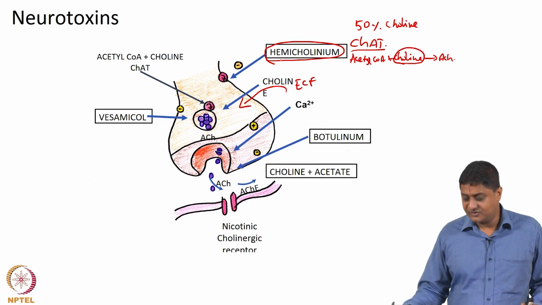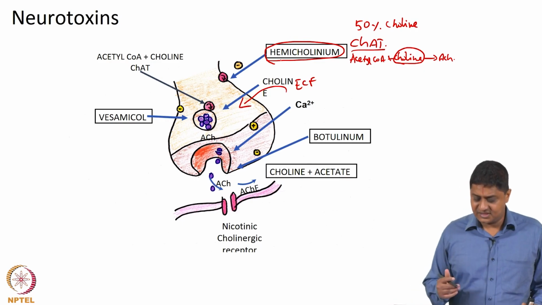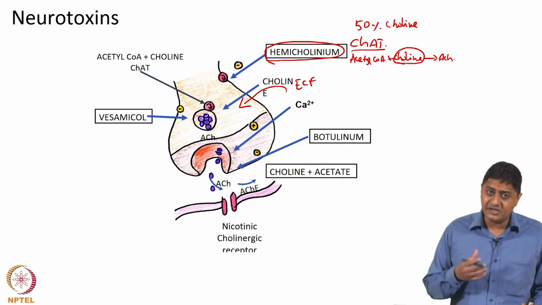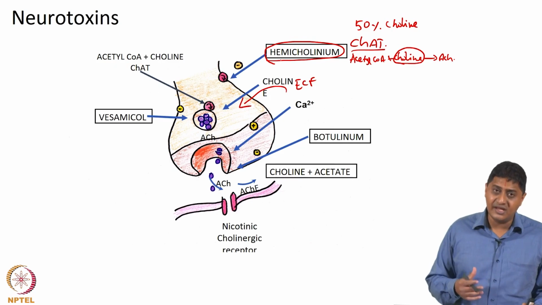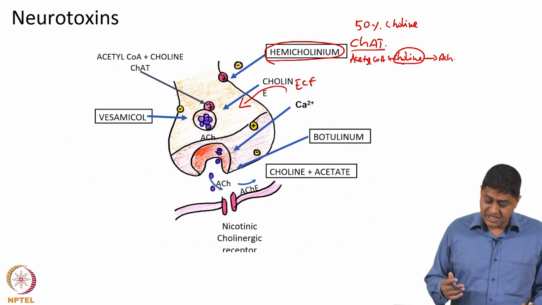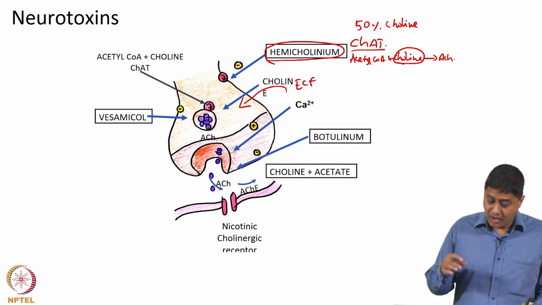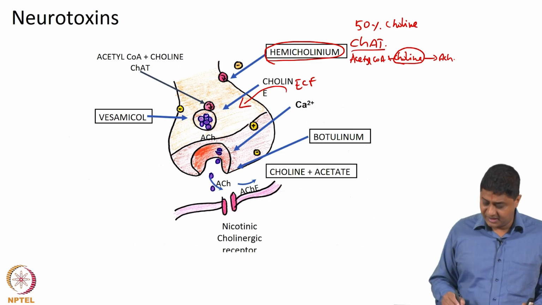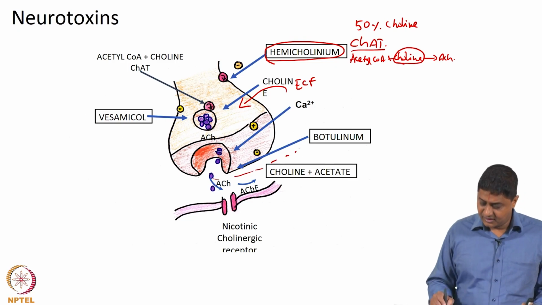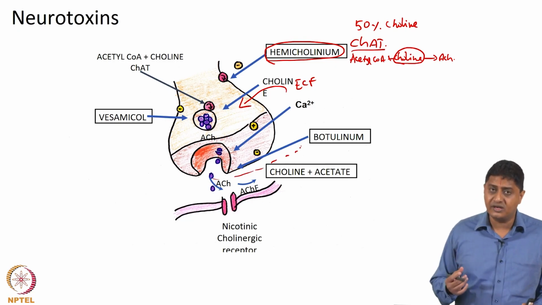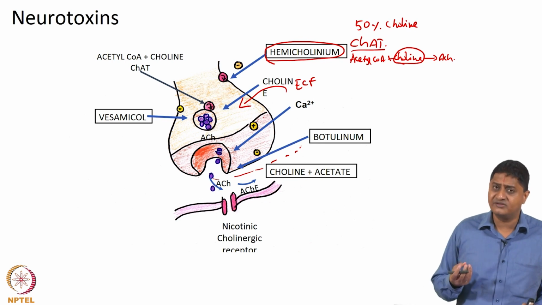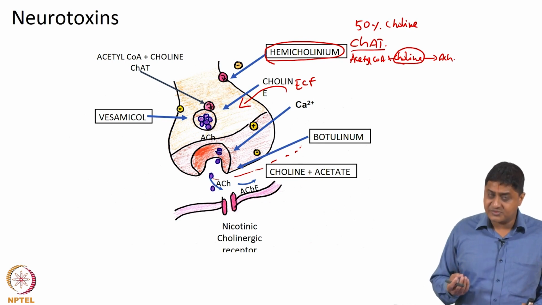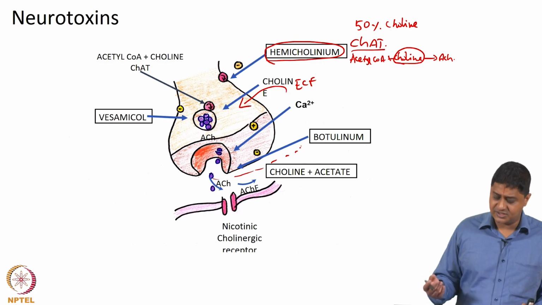This will lead to a situation where choline cannot enter the system, and whatever choline is already present in the presynaptic terminal only can be used. But essentially what will happen is, after some time all the choline will be taken by choline acetyltransferase to make acetylcholine, and all the acetylcholine would be released into the synaptic cleft, right. After some time there will be no more choline, or there will be a very small amount of choline remaining, that can be used by choline acetyltransferase to make acetylcholine.